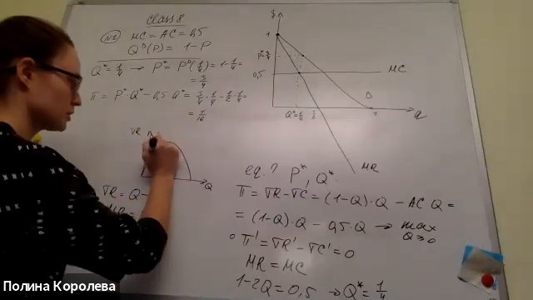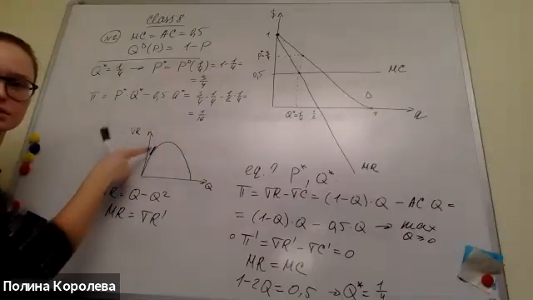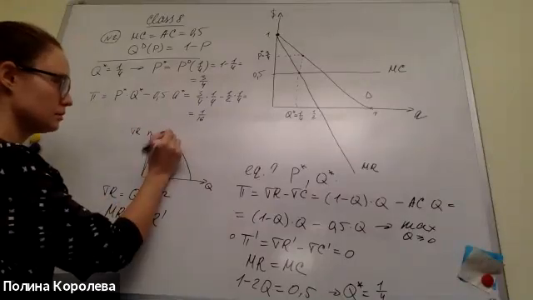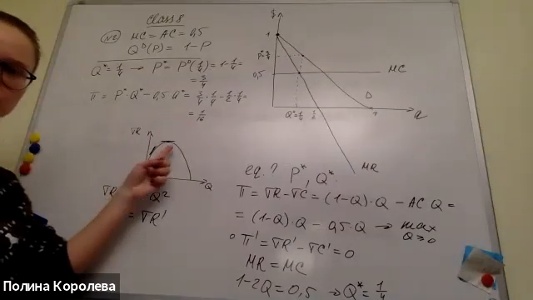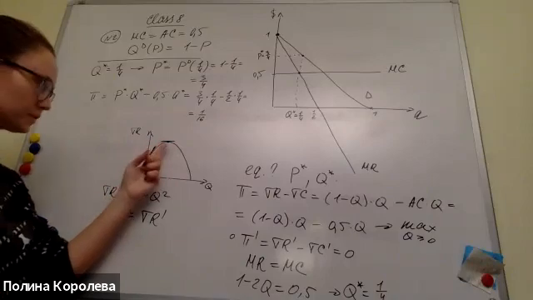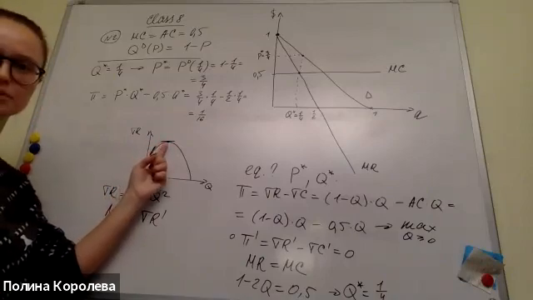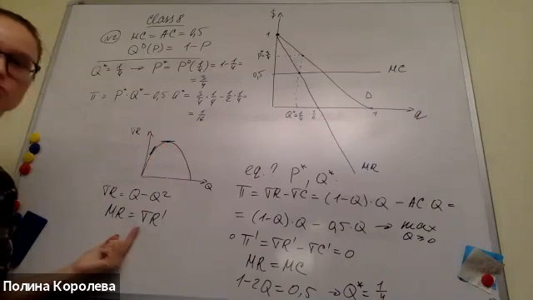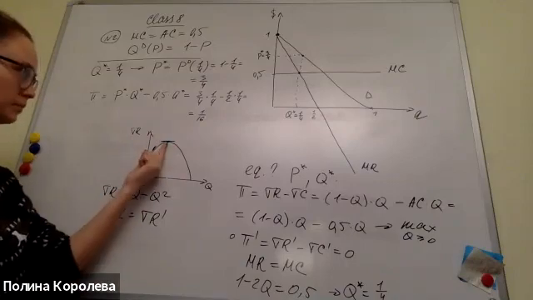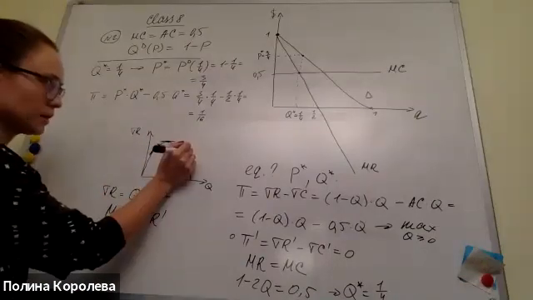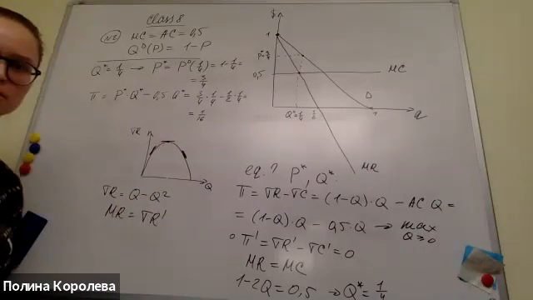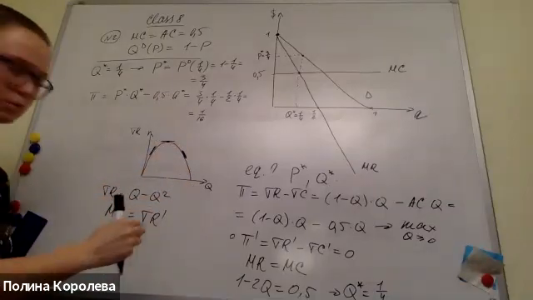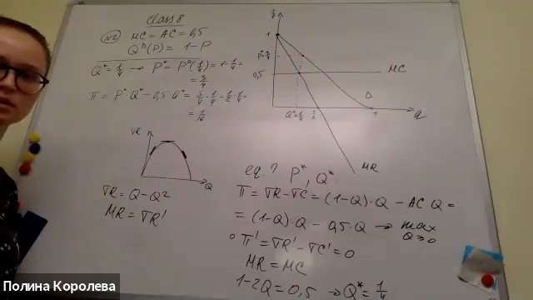So, for example, here the slope of the tangent line is positive. Here the tangent line is horizontal, so the slope equals 0, so the derivative, marginal revenue, will be equal to 0. And in this part, the slope of the tangent line is negative. So the derivative is negative, so marginal revenue is negative.